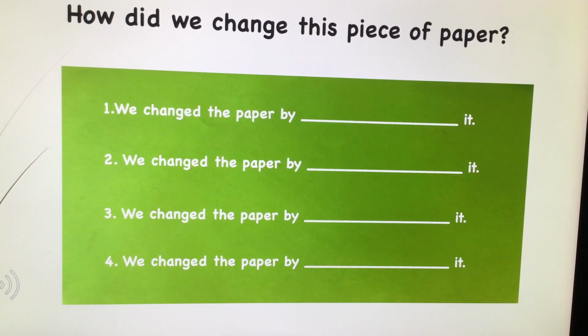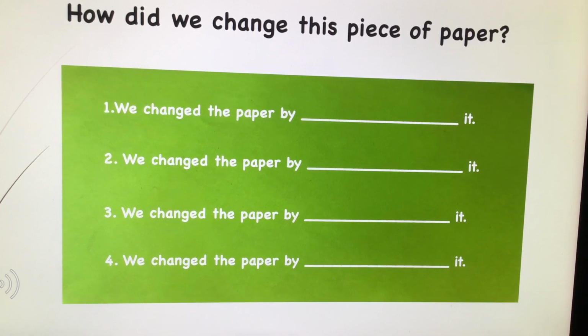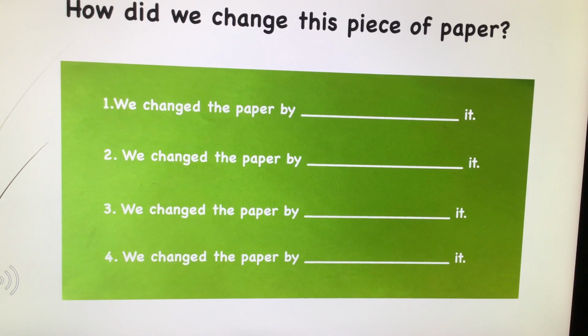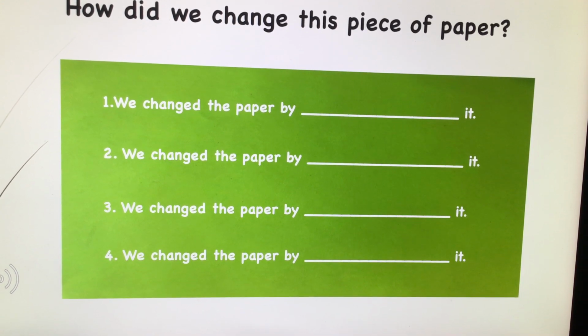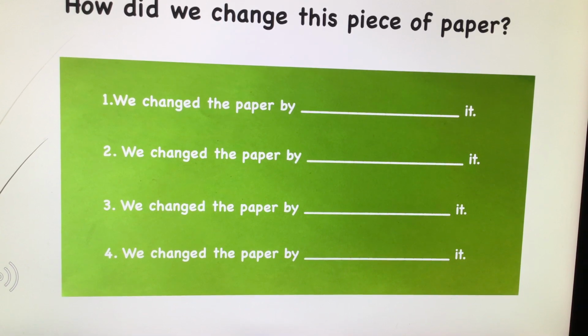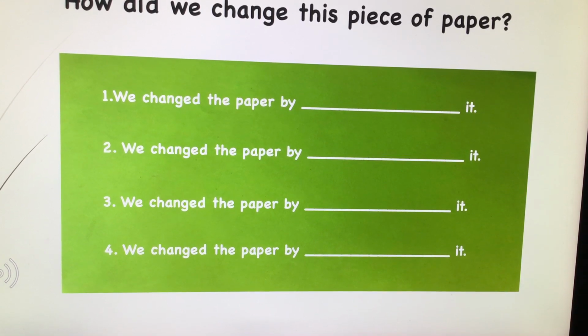What was the third way we changed the paper? And the fourth sentence, we changed the paper by. What was the fourth way we changed the paper? If you're not sure, start the video over and review how we change matter or paper 4 different ways.